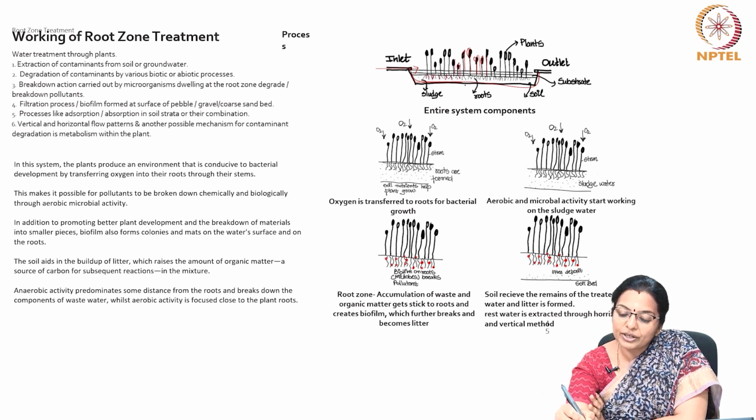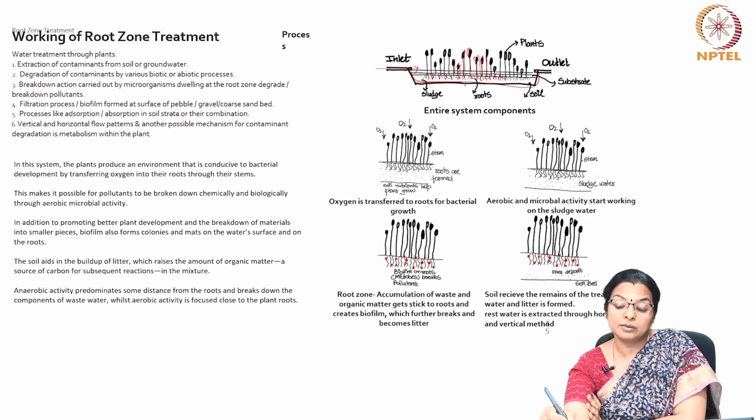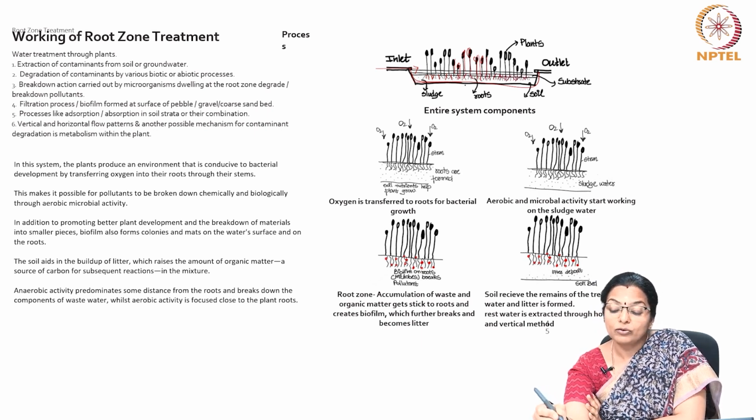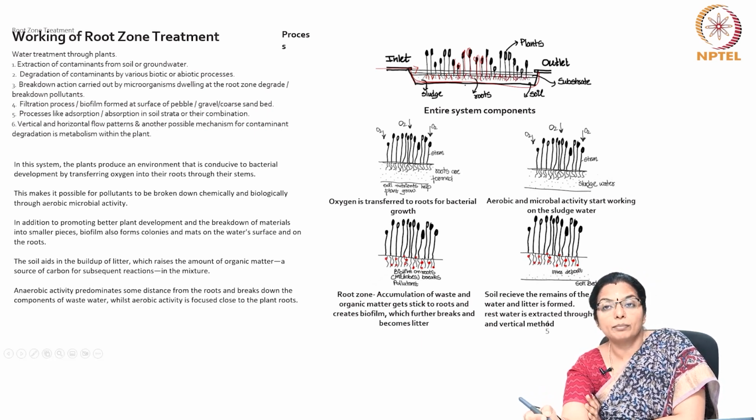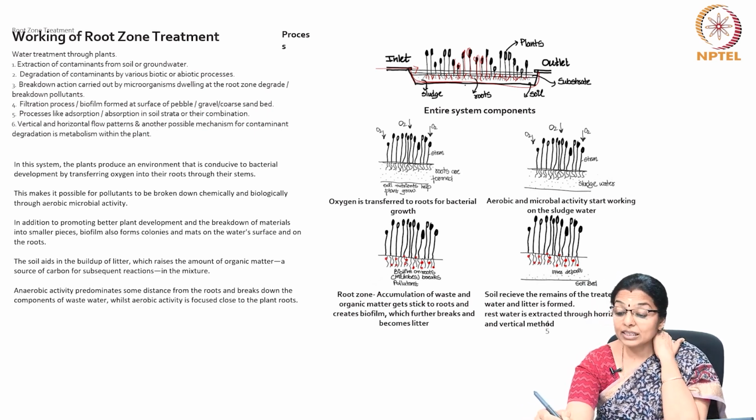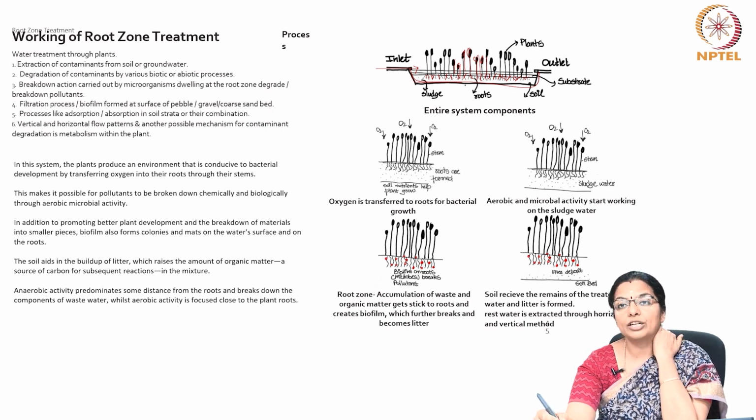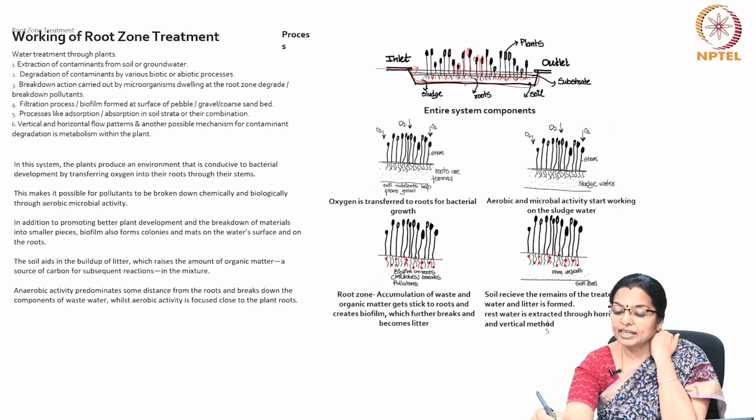And you can see predominantly roots are shown because these plants have roots on which the microorganisms cling, and these microorganisms and these plants need immense amount of nourishment which they get from the sludge, and then there is a substrate and an outlet.